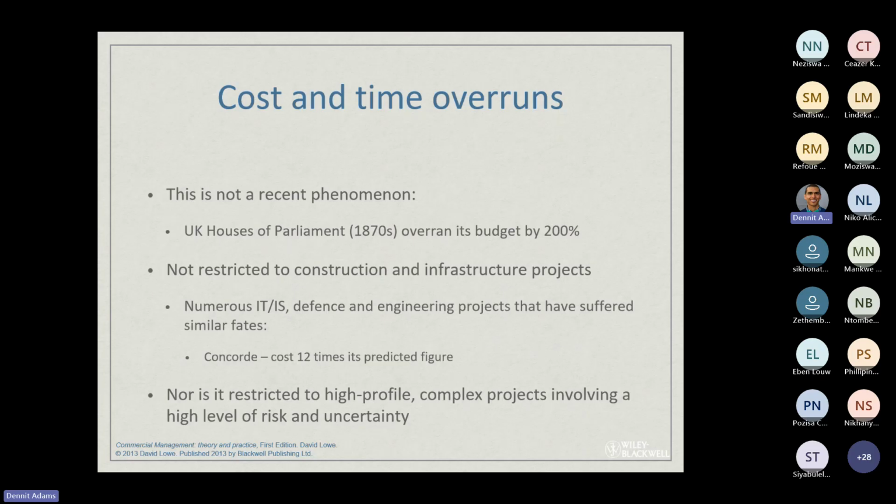Okay, so if you think about this bullet number 2, the big bullet, it's not only restricted to construction and infrastructure projects. If you think about IT systems, just think about your own IT system in your workplace, or different engineering projects. So the Concorde cost 12 times its predicted figure.